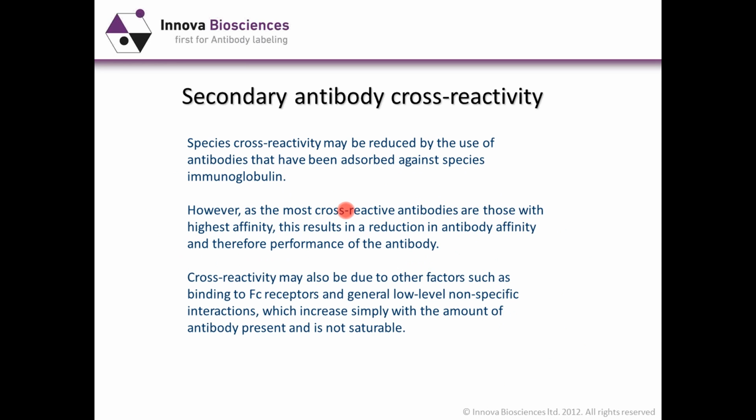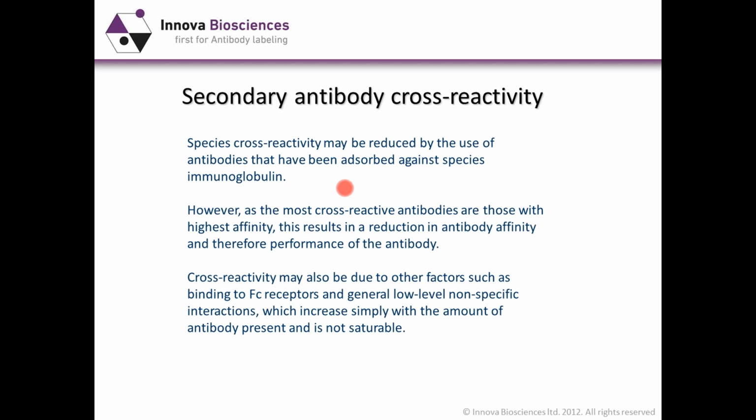Species cross-reactivity can be reduced significantly by the use of antibodies that have been absorbed against immunoglobulins of the species of interest. So, for instance, if you're using a secondary antibody against mouse immunoglobulins and you don't want it to react with rat immunoglobulins, it is possible to buy a commercially available antibody that has had that absorption process undertaken.